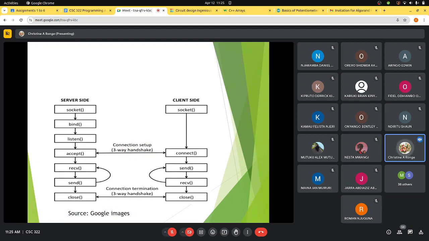But before it reaches the point where it waits for connection requests, it has to also first create a socket. And then it must use the bind command to give that socket an address. Now, why is it that the server must give the socket an address?